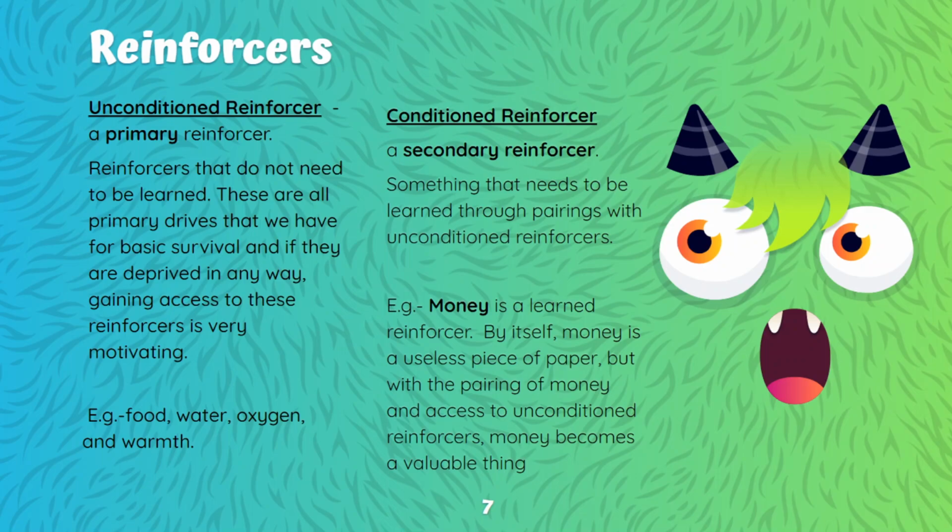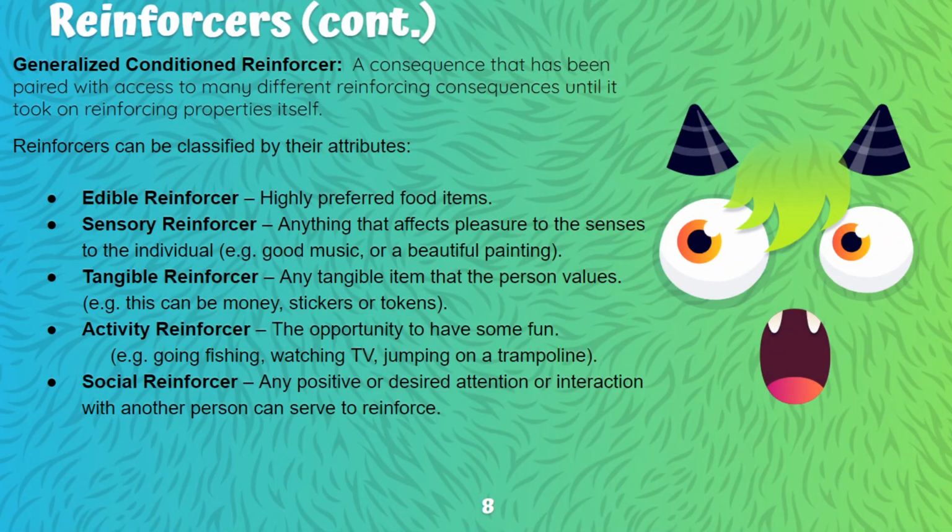Whereas a conditioned reinforcer, also known as a secondary reinforcer, is something that needs to be learned through pairings with unconditioned reinforcers. For example, money is a very popular and generalized learned reinforcer. By itself, money is a useless piece of paper, but with the pairing of money and access to unconditioned reinforcers, money becomes a valuable thing. Money is also what's known as a generalized conditioned reinforcer.